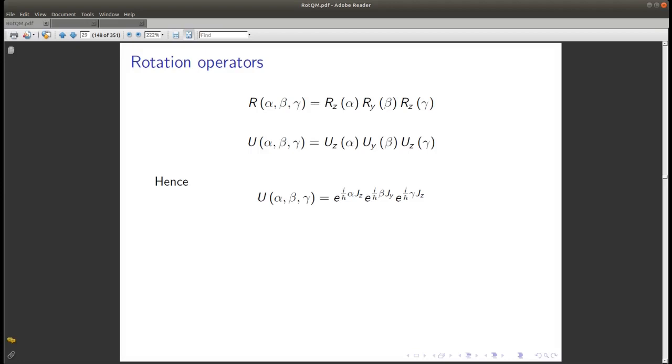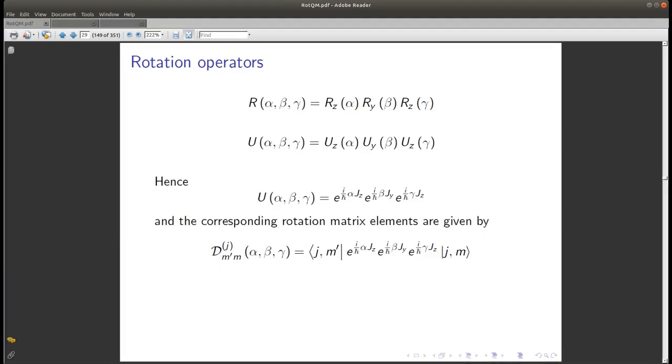Now this expression is actually quite easy to calculate, at least in part, given the fact that Jz eigenvectors are sitting here in this expression. e to the I by h cross gamma Jz acting on jm and e to the I by h cross alpha Jz acting on the bra jm prime are both pretty easy to calculate, and so we finally end up with this result.